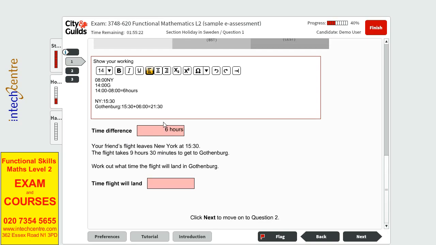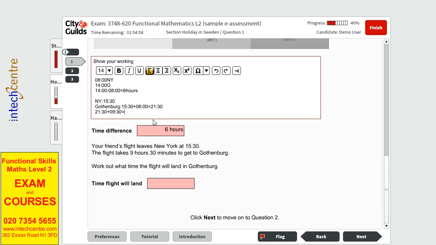Now the flight itself will take 9 hours and 30 minutes. So based on the time we just found, 9:30, we can add the 9 hours and 30 minutes. So we do 21 hours and 30 minutes plus the 9 hours and 30 minutes.